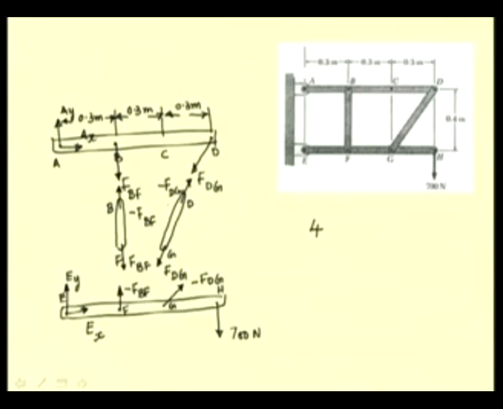So we have only additionally 2 more unknowns from this free body diagram. So we have a total of 6 unknowns to be determined, and from the free body diagrams ABCD and EFGH, it is possible to obtain 3 plus 3 equations. So the problem is statically determined and solvable.